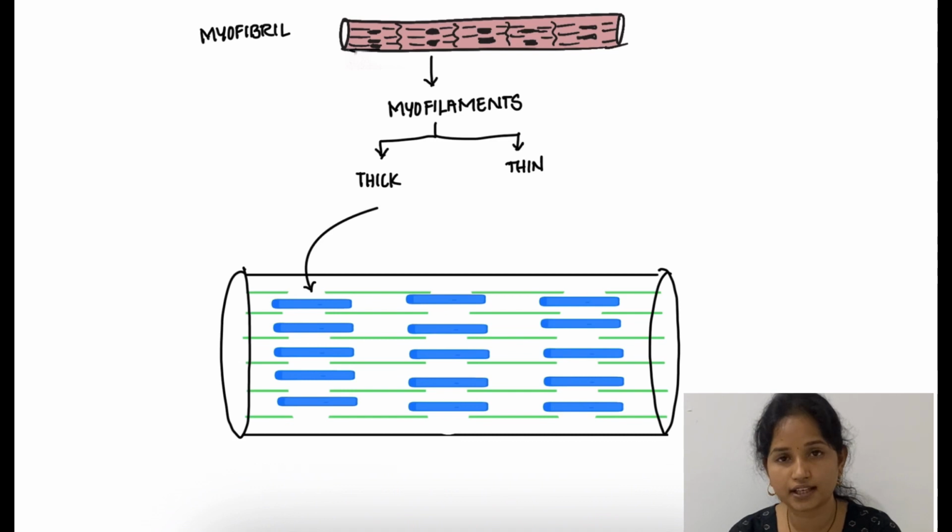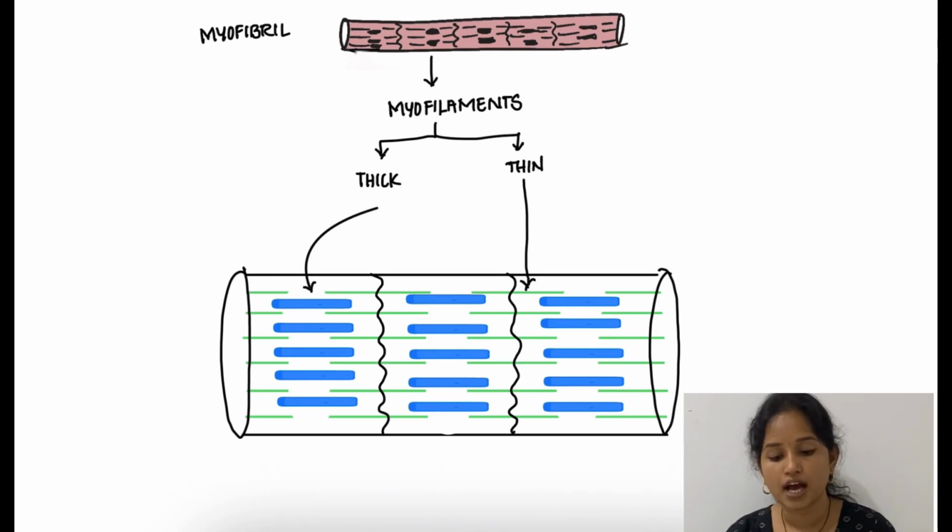These are called Z discs or Zwischenscheibe discs. The blue ones are the myosin or the thick filaments, which form the anisotropic band, and the thin filaments form the I band, which is the isotropic band.